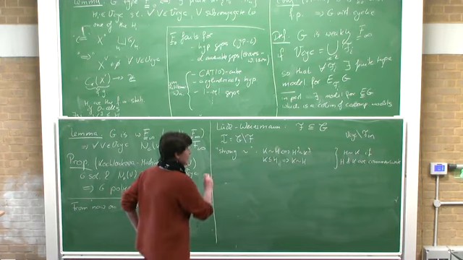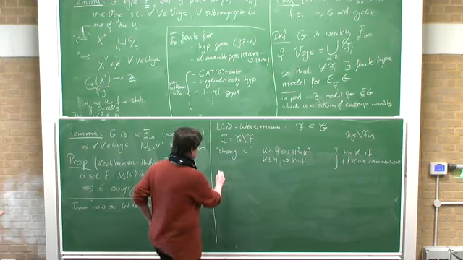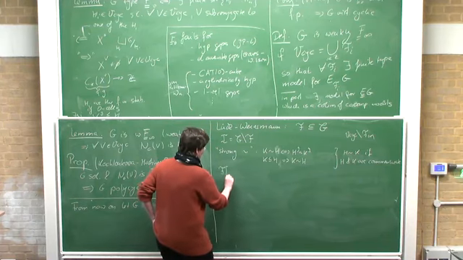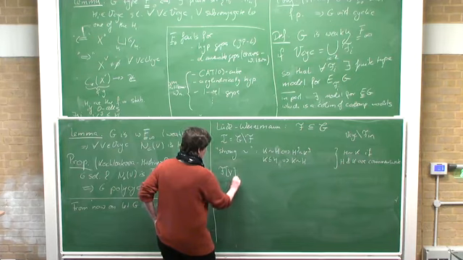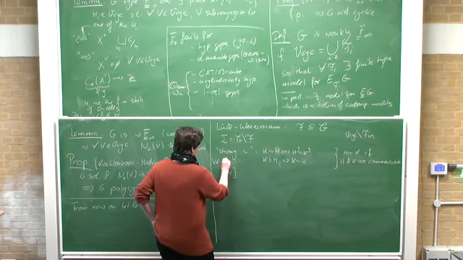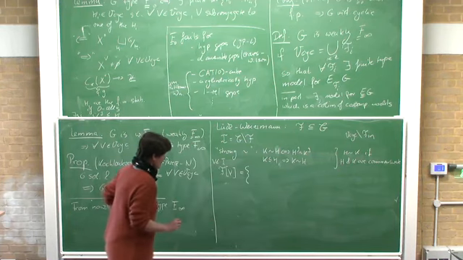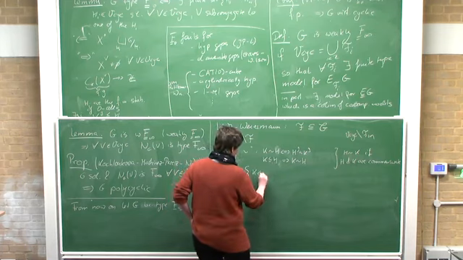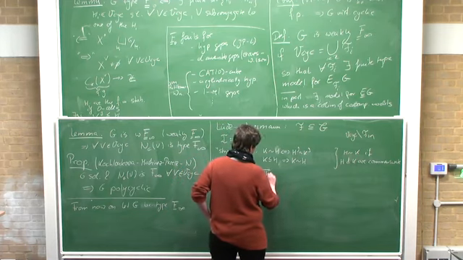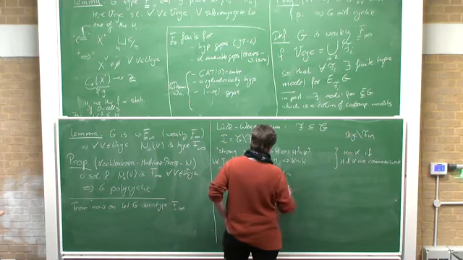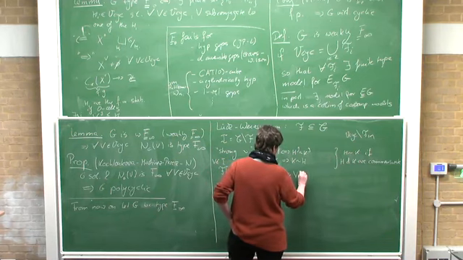And then they define a couple of families. They define the family F of V, where V is in I, and they take all the K in I with K equivalent to V.